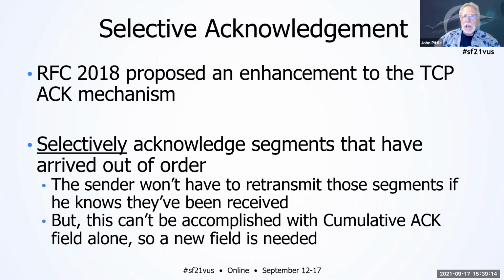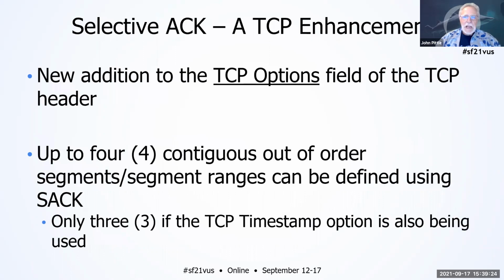But we can't communicate that kind of control-level detail to the sender without a new field. So a new field is needed in our header. In addition to all of the TCP options that were available prior to this RFC, we're going to add a new TCP option into the TCP header that would allow us to declare up to 4 different contiguous out-of-order segments or segment ranges from the receiver to the sender.